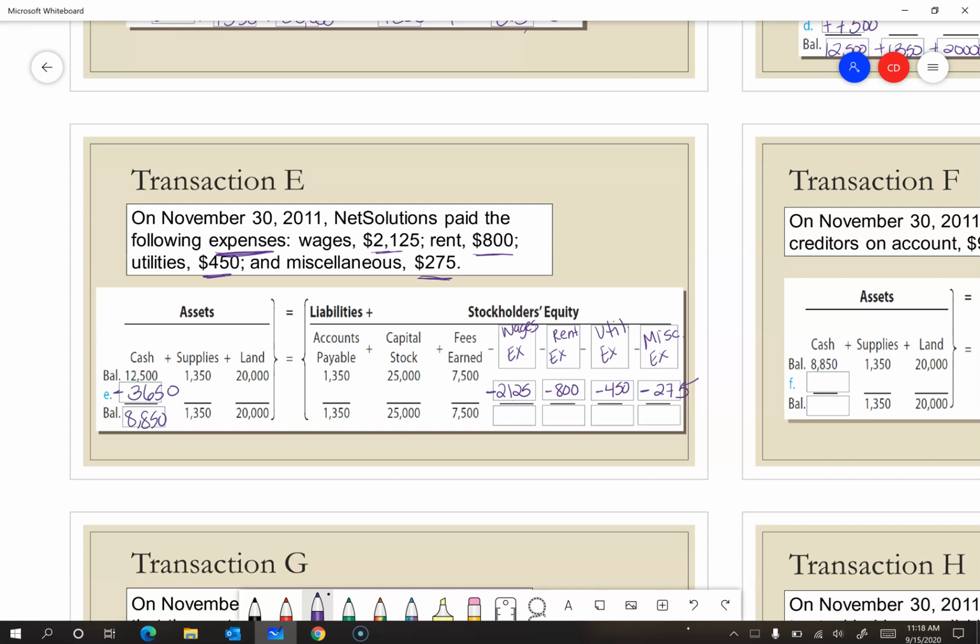And then when we update all of these balances, we have 2125, 800, 450, and 275. Okay? And it is in balance because we have 8850 plus 1350 plus 20,000. And over here, we have 1350 plus 25,000 plus 7,500 minus expense. And that will get the equation to balance out if you were to do that math.